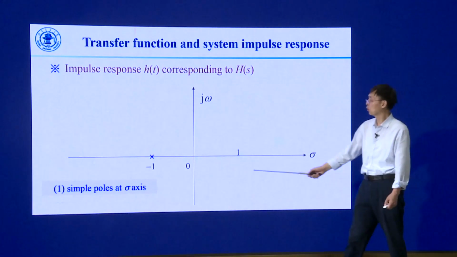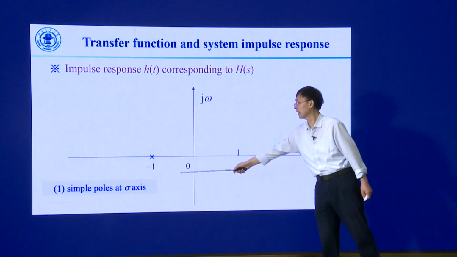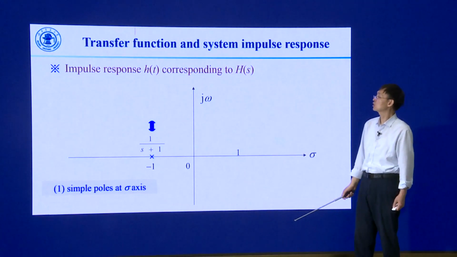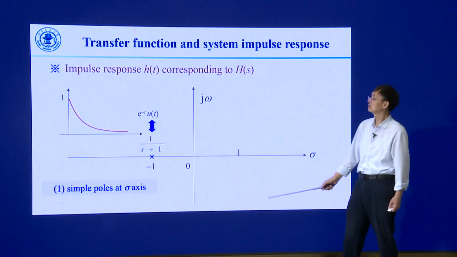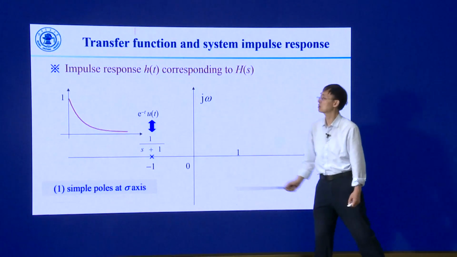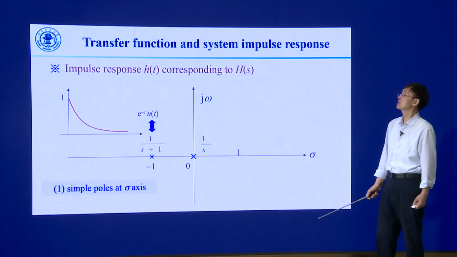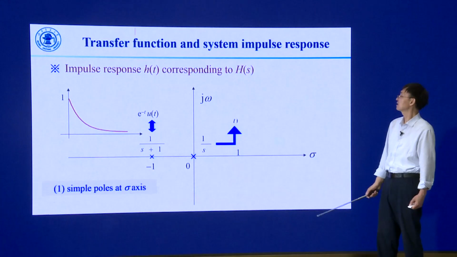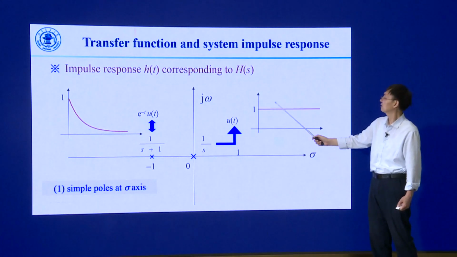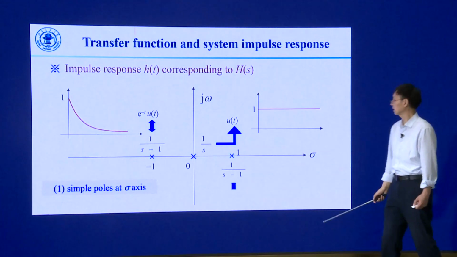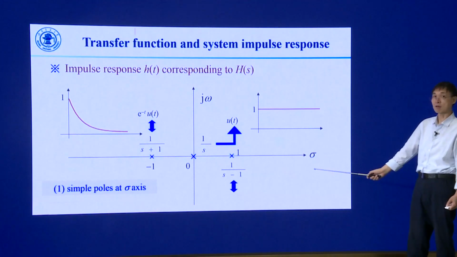Now we will discuss the impulse response and the corresponding H(s). For the simple pole on the sigma axis, we can get its impulse response in this picture. For this pole, we can get its impulse response in this signal. For this pole, we can get its impulse response.